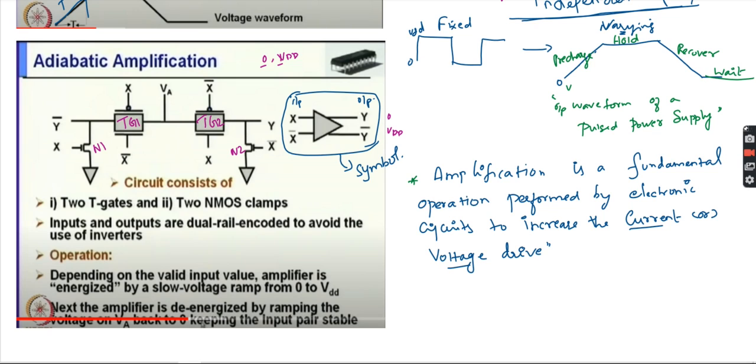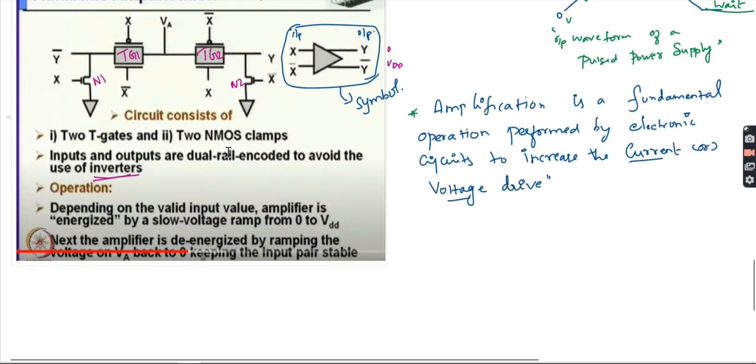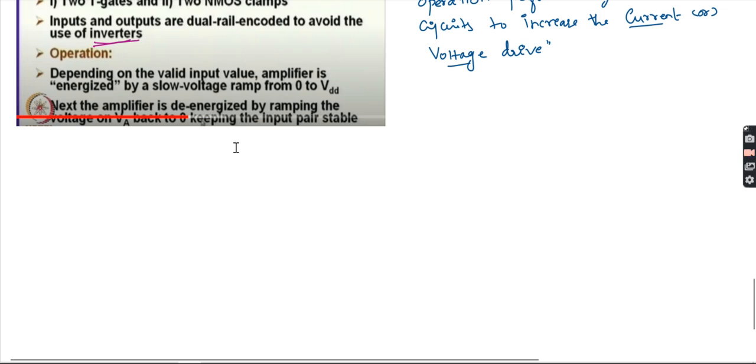Dual rail means X and X bar, Y and Y bar. If X is logic 0, then X bar is 1, that is VDD. Similarly Y bar will also be 0 or VDD. The inputs and outputs are dual rail encoded to avoid the use of inverters, because inverters only give either 0 or 1. Now we can see this figure. Let me take the operation.